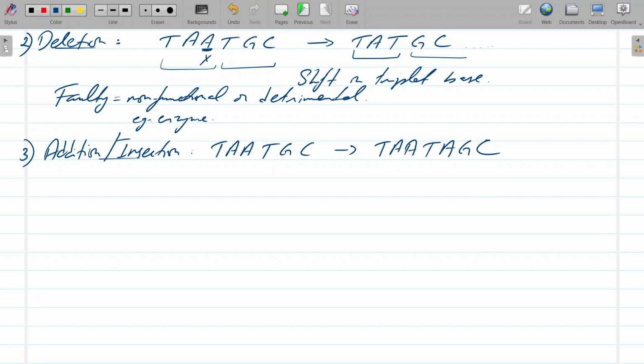So you have this extra guy over here, and you've added that, and so the entire code has been shifted. So you've got TAA, which is fine, but now you've got TAG, and then C, and then whatever. So again, you've got a shift, and it's going to cause similar faults.